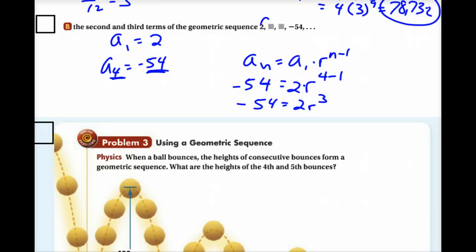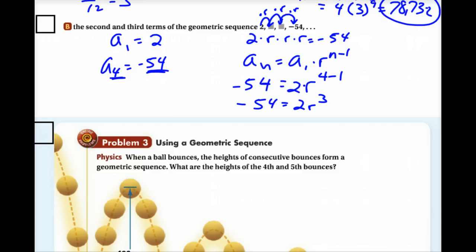To go from 2 to this spot, I need to multiply by some R. And to go from that spot to the next, I need to multiply by some R. And then I multiply by some R to get to negative 54. Therefore, I should end up with 2 times R times R times R equaling negative 54. Well, R times R times R is just the R cubed that I have down here.